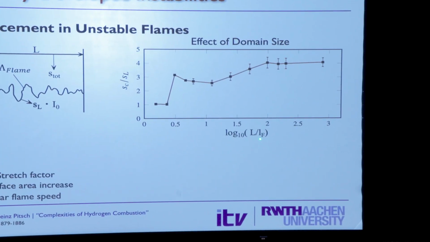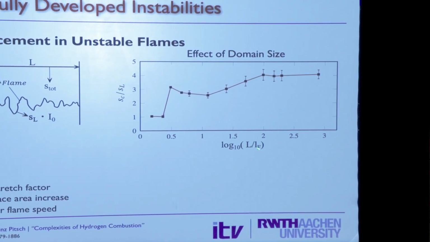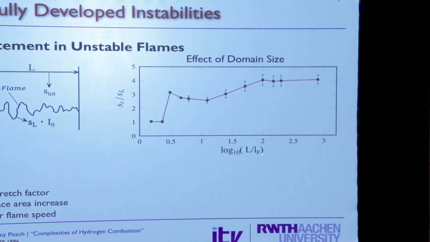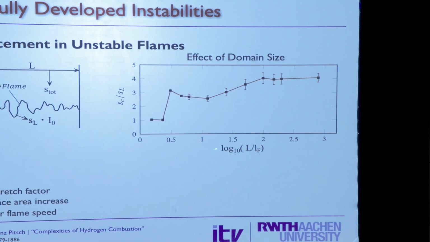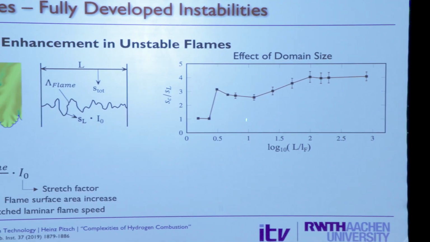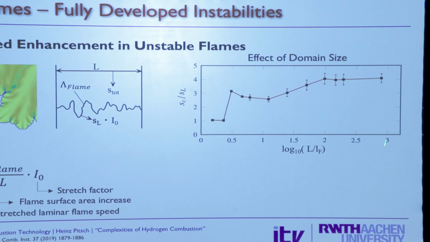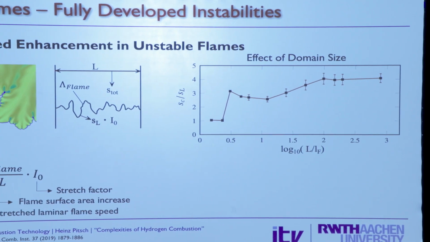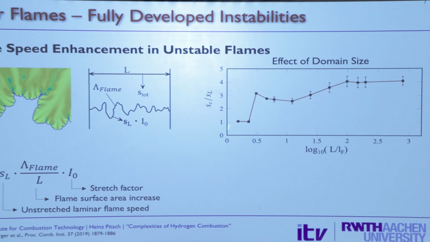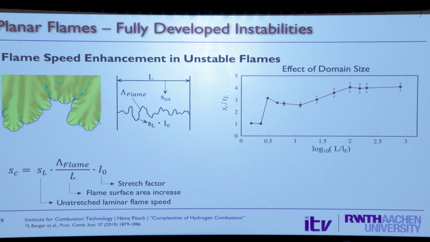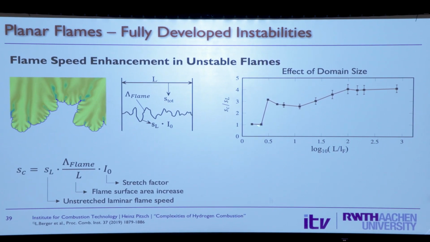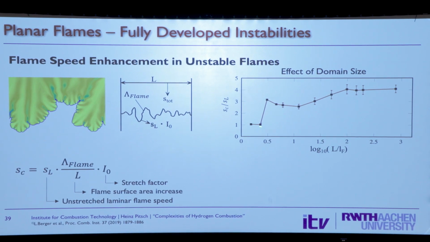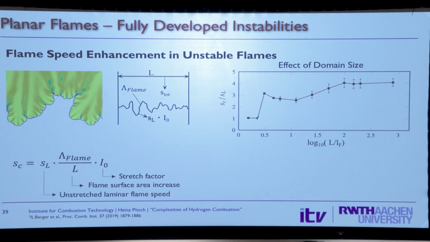This here shows the domain size in units of flame thickness. This is log 10, so this here would be 10. This is 100, and this is 1,000. And this is the overall consumption speed, divided by the laminar consumption speed. For very small domain size, it's just a laminar flame. It doesn't even get unstable.